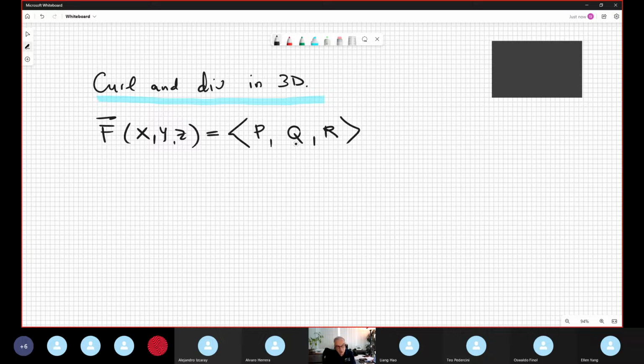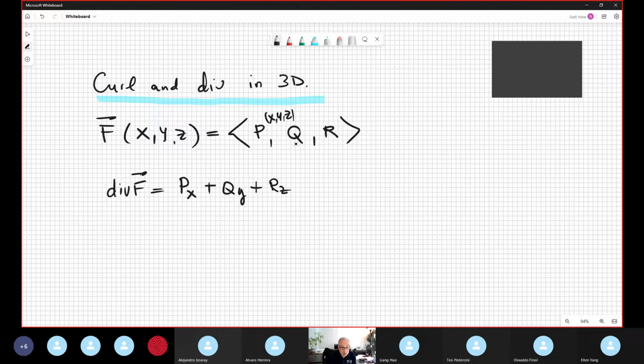To be short, I omit the arguments, x comma y comma z, and here exactly the same. Divergence by definition is similar: partial derivative of p with respect to x plus partial derivative of q with respect to y plus partial derivative of r with respect to z. Boom.